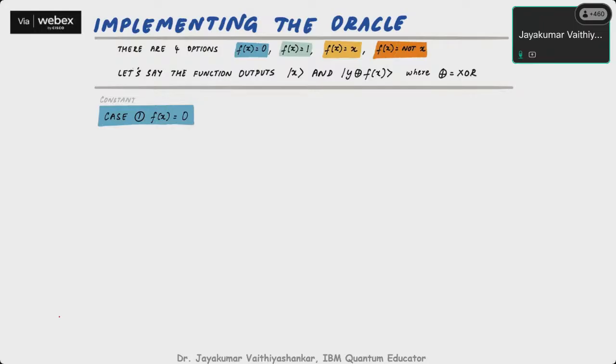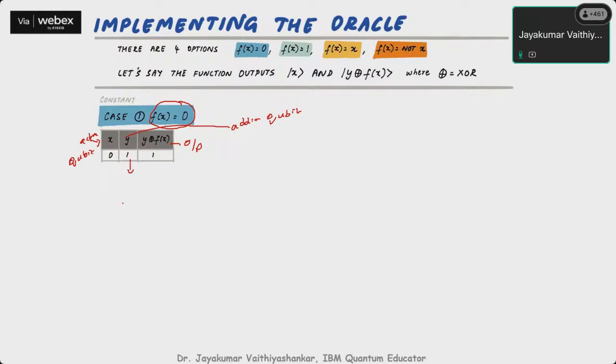Okay, so case 1, f of x equal to 0. You are giving two inputs. X is your actual input, and Y is your additional input, an additional qubit you can say. So you're giving two different inputs, 0 and 1. But what is the output you're going to generate? This is your function, f of x equal to 0.